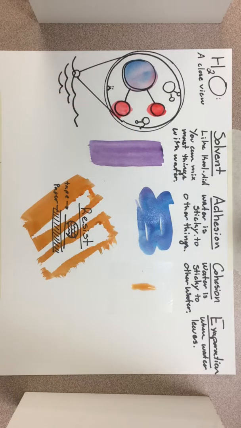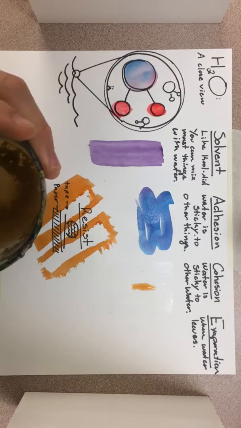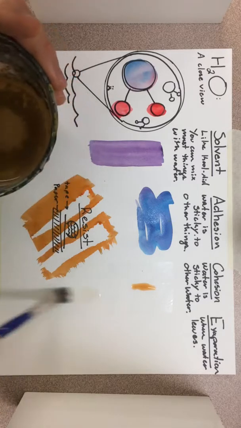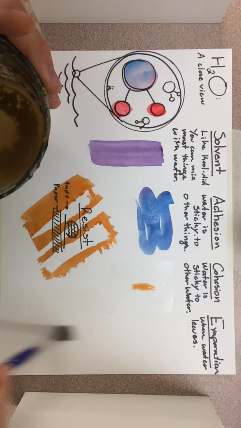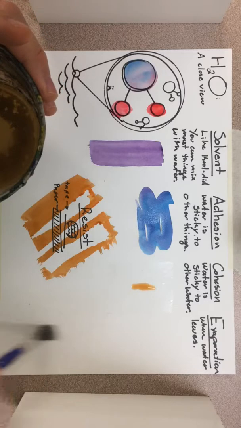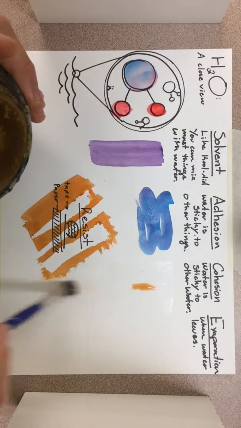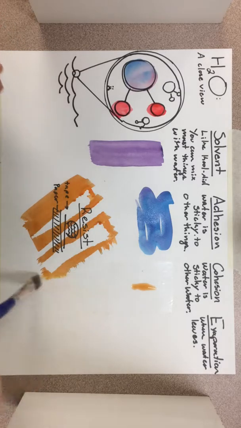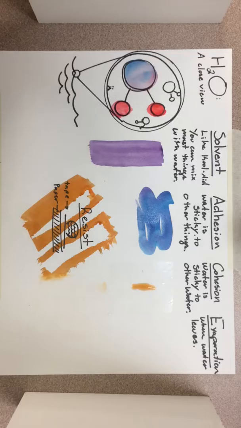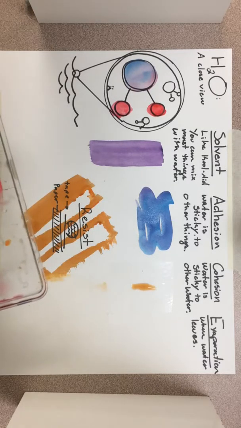Well, so what? Who cares about that? Well, that's the property that we use to do the technique called wet on wet. If I paint an area of paper with just plain water, when I drop the color onto this area, it's going to spread out. We can actually see a chemical reaction happening with the water because we've colored it. So here we go.